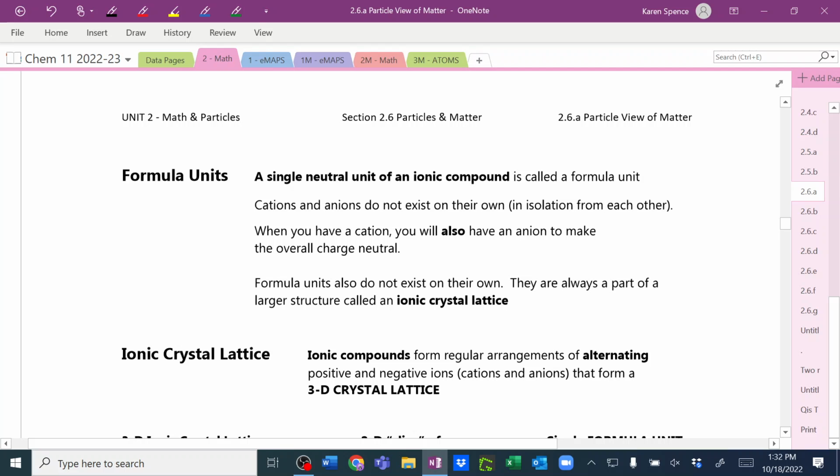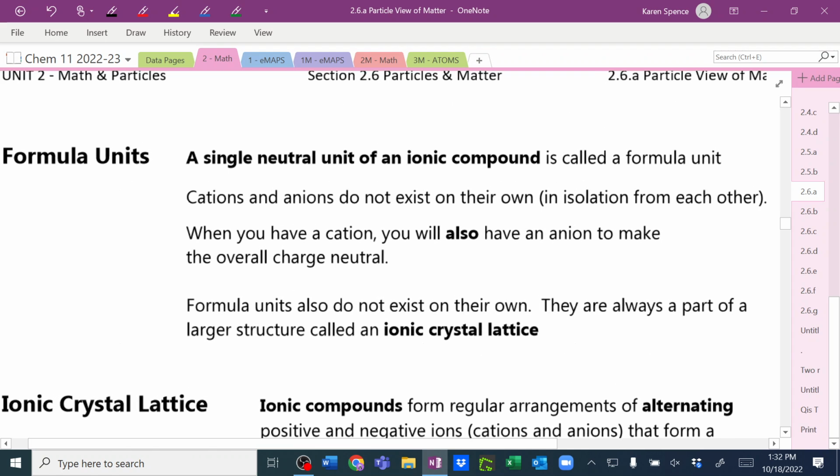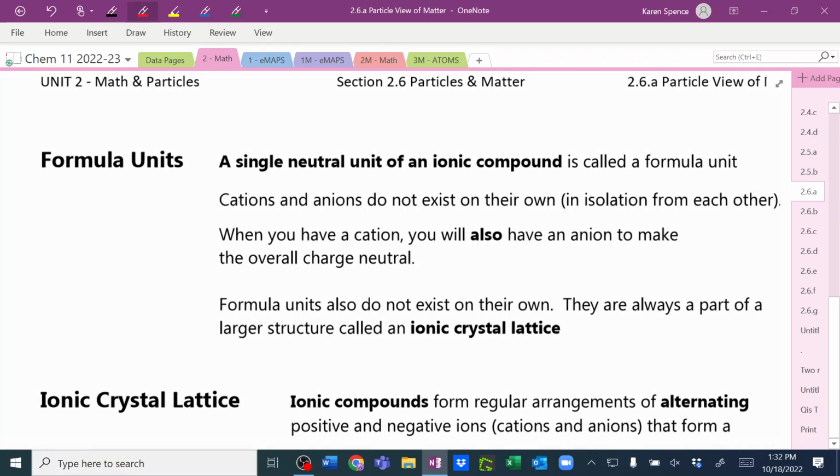All right. Formula units. Formula units are single units of ionic compounds.